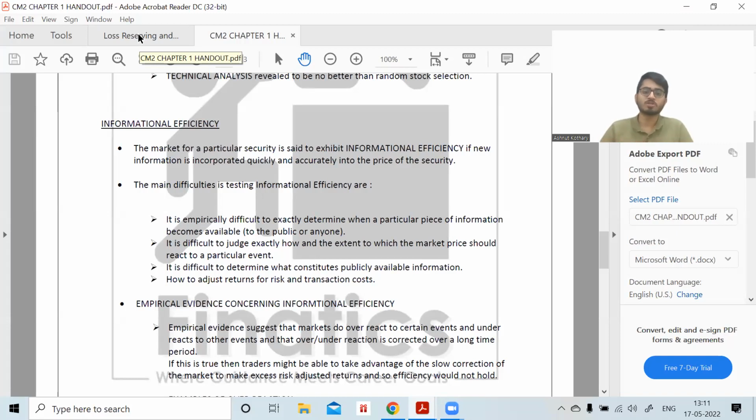It is difficult to judge exactly how and the extent to which the market price should react to a particular event. Let's say, for example, when lockdowns were there in March 2020, most of the stock markets crashed 40%, 50%, and so on. Initially, everyone thought if COVID is happening, then prices should decrease. There are lockdowns happening, it's affecting economic activity, and so on. But later on, what we saw in the next 1.5 years was an unparalleled increase.